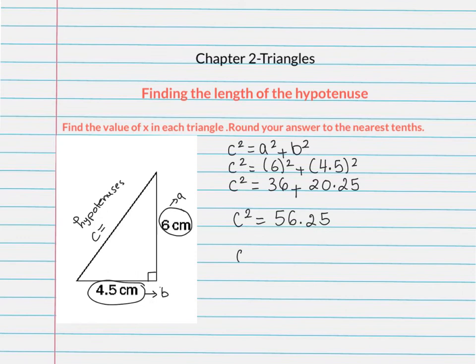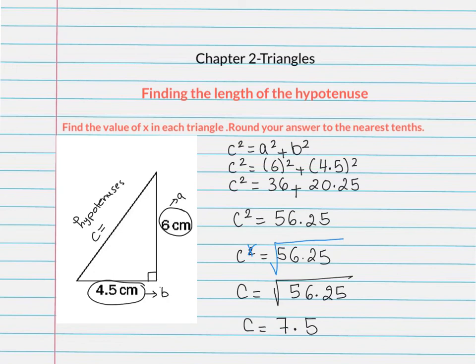So C squared is 56.25, but we need C. To remove the power of 2, we have to place a square root or radical sign over the value. Then C is the square root of 56.25. Using the calculator, the radical sign, it's going to be 7.5 centimeters. So we were able to get C as 7.5 centimeters.